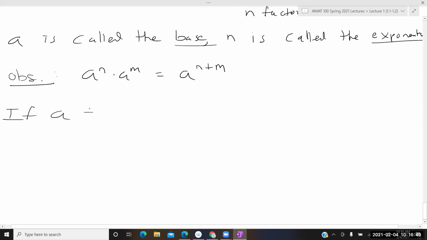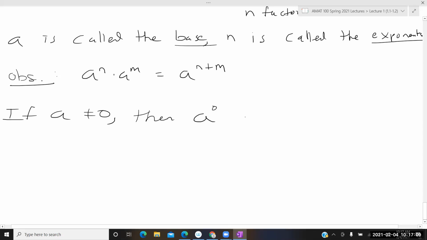So now if a is a non-zero real number, then a to the 0, so we know what a to the n is when n is a positive integer, natural number, 1, 2, 3, 4, 5. But now we need to set up some conventions.